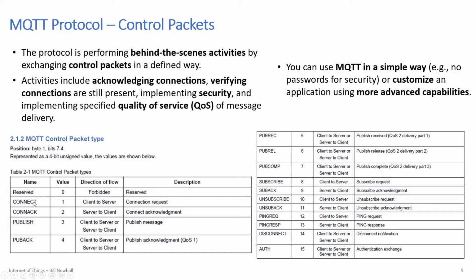And so the client has to connect, the broker has to acknowledge, the client or the broker can publish. And so there are these control packets being sent behind the scenes. And I want to remind you of that because we're going to take a look at some of the bytes in those packets just to show you what's happening behind the scenes.